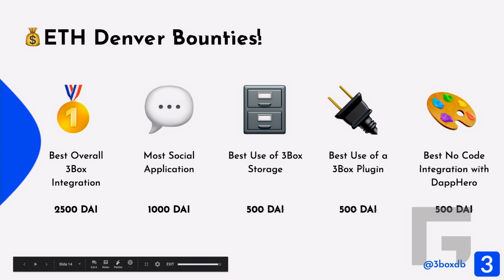And we've got 1,000 DAI for that as well. And we also have bounties for storage, and use of our plugins. And the last one, we have a no-code integration with dApp Hero. dApp Hero is another project that's here, and they've built a no-code tool which uses 3Box and Webflow. So you can work with that if you're completely non-technical, if you're a product manager, if you're business. This is a really nice way to prototype and build in a no-code environment. So yeah, that's our bounties.